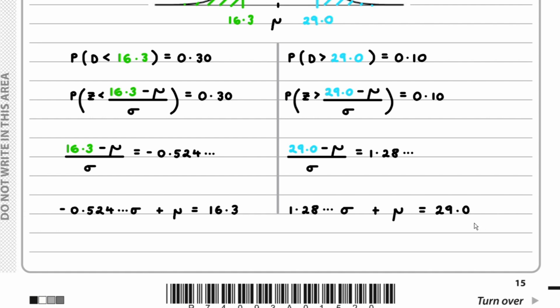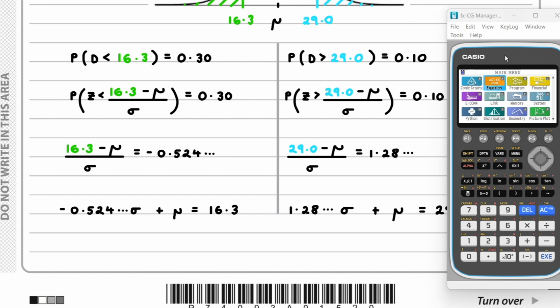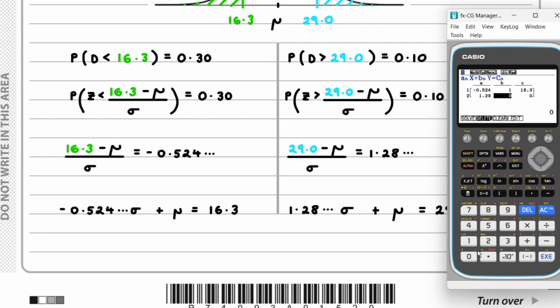And what we can do is solve these simultaneously. We have a simultaneous equation with two unknowns. We've got negative 0.524 sigma plus 1 mu equals 16.3, and then we have 1.28 sigma plus 1 mu equals 29.0.